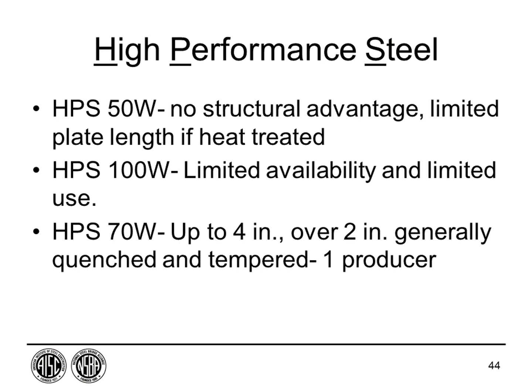The real gem is HPS 70W. It's available up to 4 inches. Over 2 inches, it's generally quenched and tempered by one producer. Only one producer makes it over 1 inch. But it's a steel of choice for areas where you need high strength. It's easy to weld and generally available.